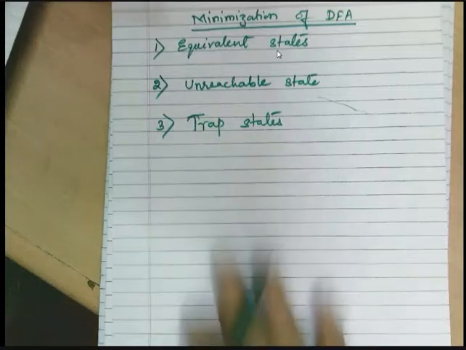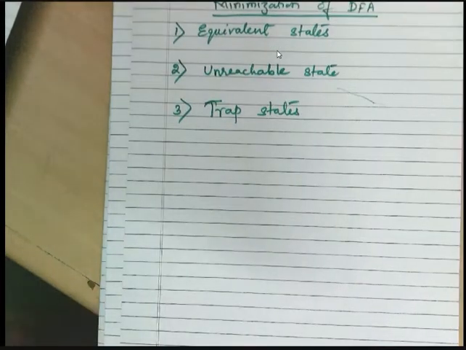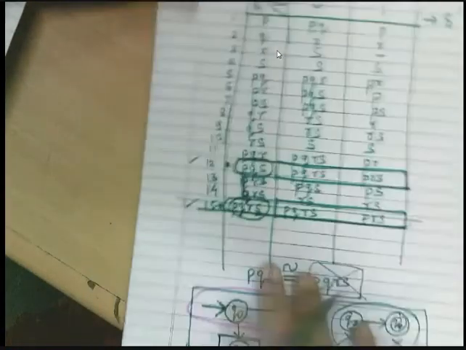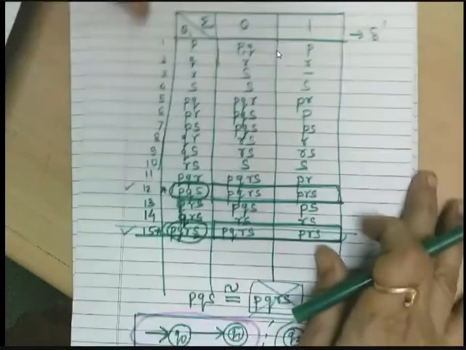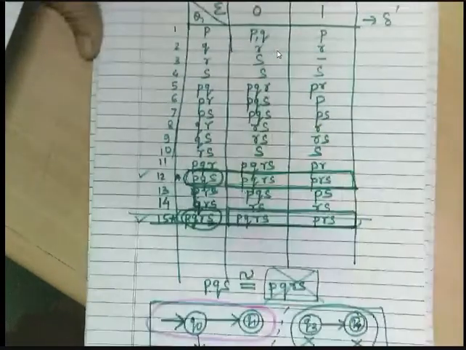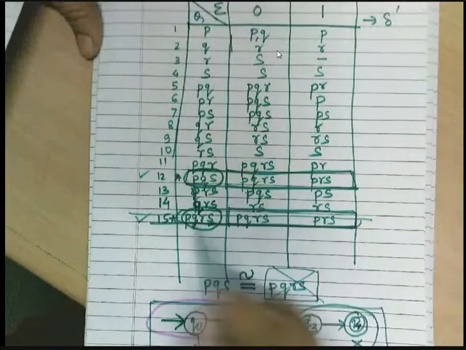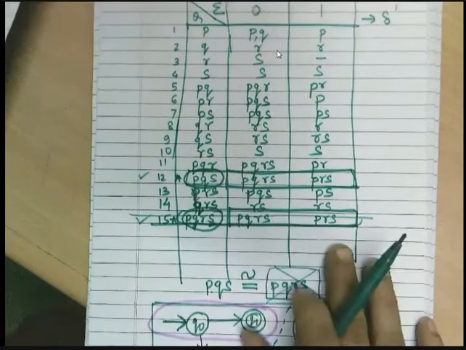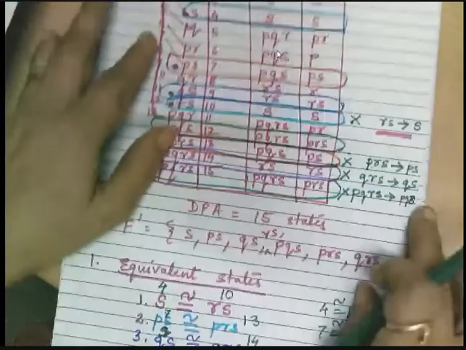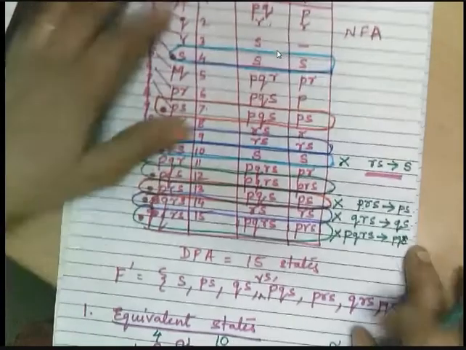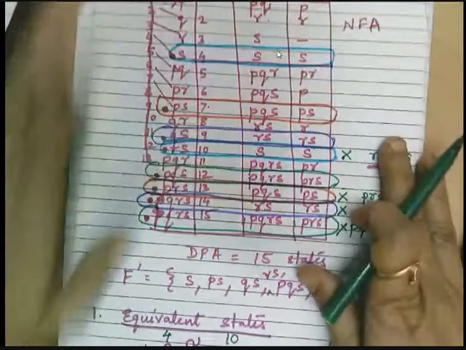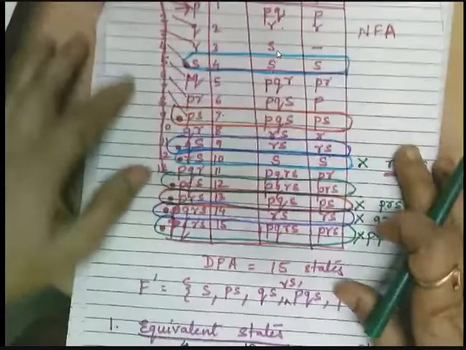In this example, some things are already worked out, so I'm just showing you, but you have to work it out at your level. I have shown you these 15 states and also discussed how to find the equivalence. Now I am presenting an already worked out example. Will that be okay, or should I work it out once again?